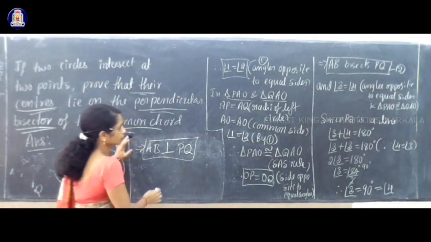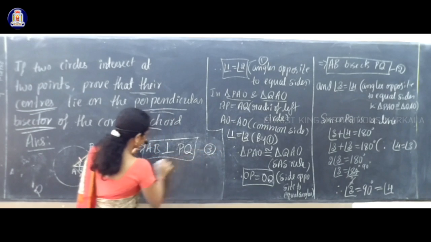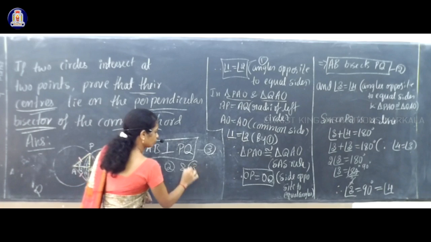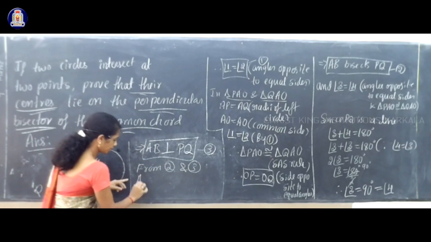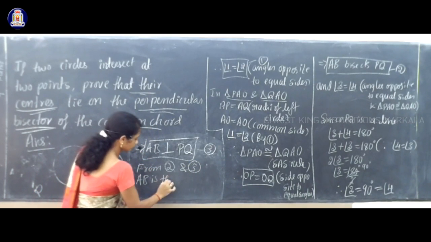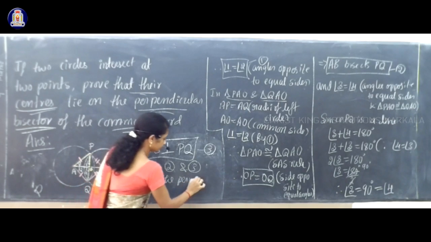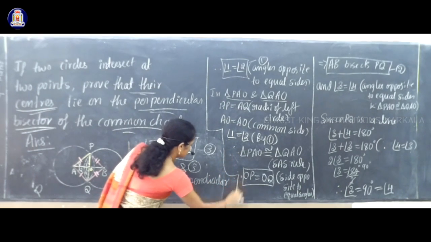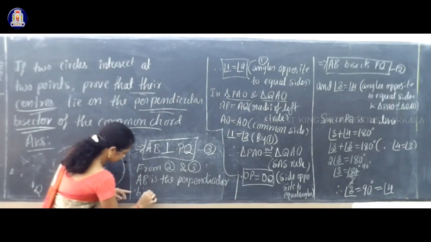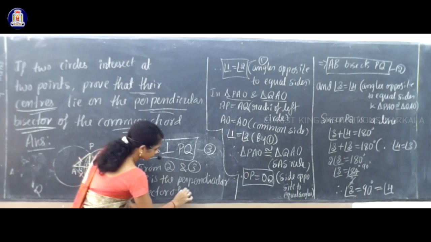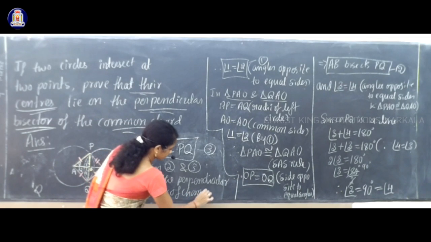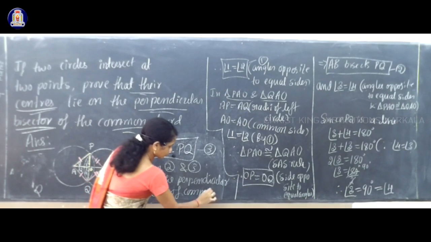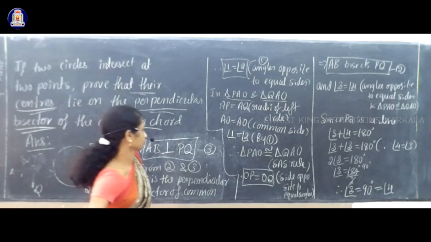That implies together, I'll take this as 3, from 2 and 3, what can we say? AB is the perpendicular bisector of the common chord PQ.